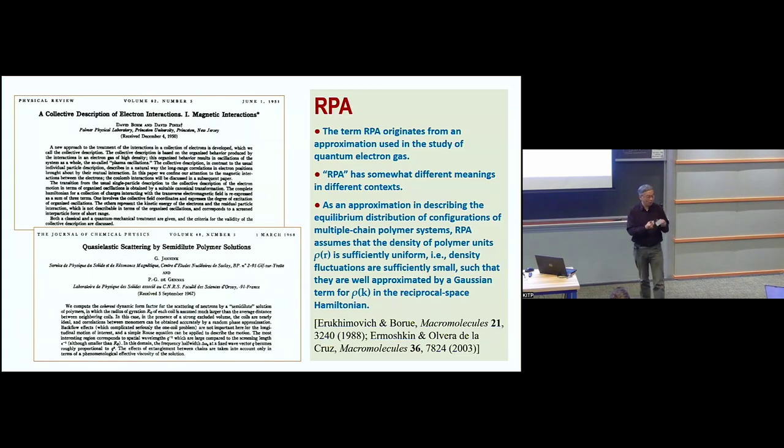In our case, we are using it in the sense that we're just using a quadratic term to describe the configuration distribution of a multiple chain system, following mostly the work of Monica Olvera de la Cruz. The references are here.